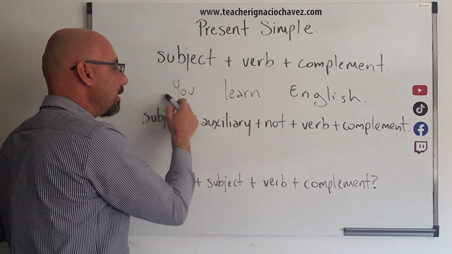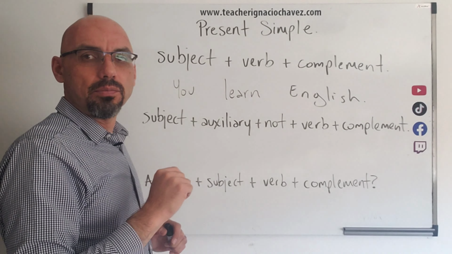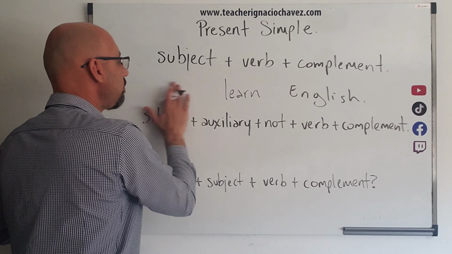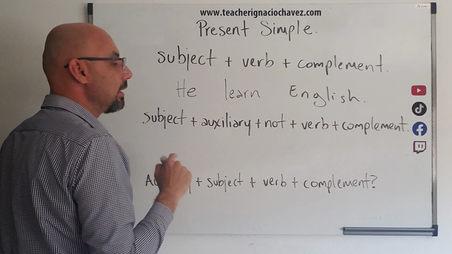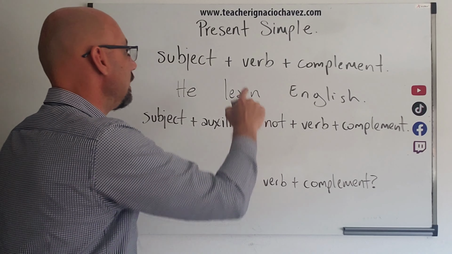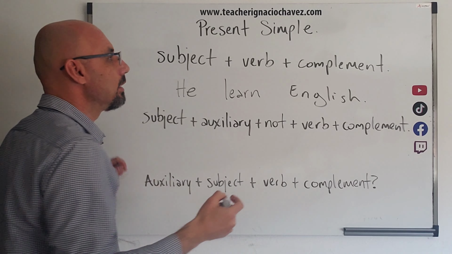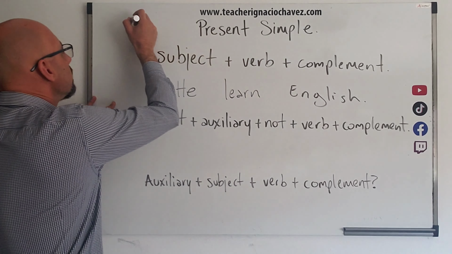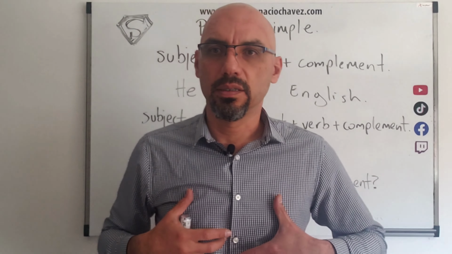In this part, I can use he, or she, but important, in present simple, we have something that I call the super persons. Think about Superman. He has an S here.